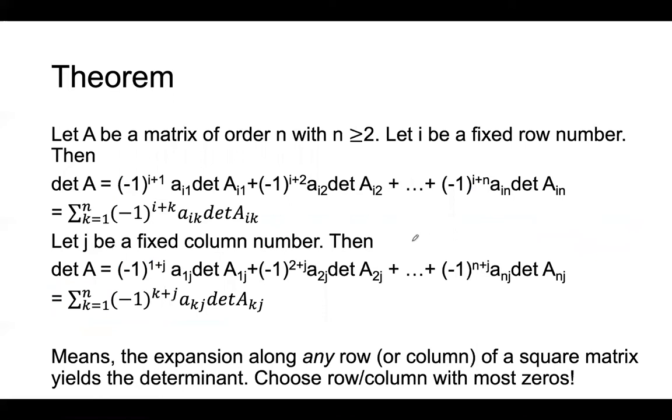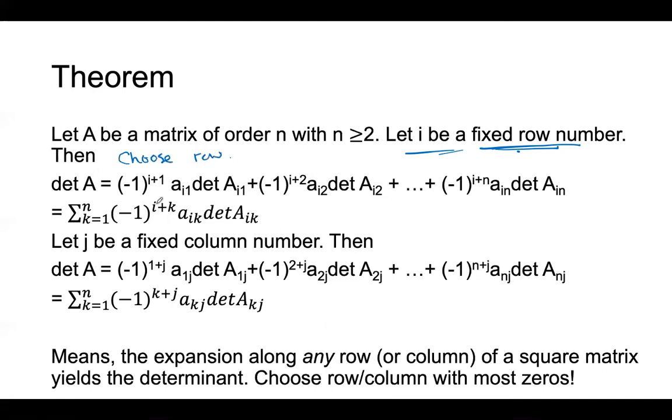Now, what I was doing, expanding essentially along the first row to calculate the determinant, we can actually expand along any row or any column. Let's see the formula. We can fix a row, the ith row, and expand along that.